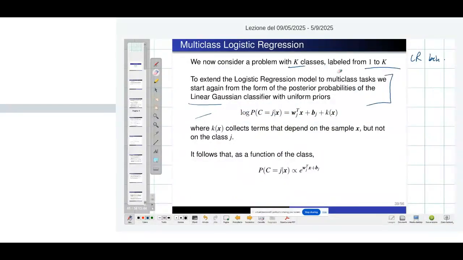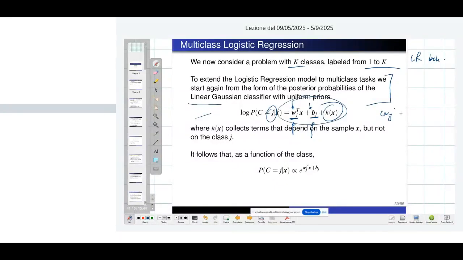We have a vector w that depends on the tied Gaussian model parameters, a vector b that depends on the tied Gaussian model parameters, and a function k that does not depend on the parameters or the class. And this vector w depends on the class. So each class, if I take my tied Gaussian model and I rewrite its expression, will lead me to an expression of this kind.